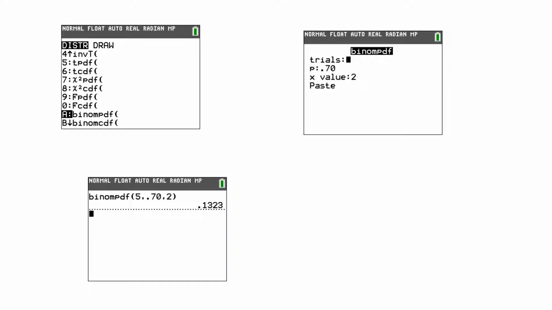Now, if you want to use Google Sheets, go ahead and open up a new Google Sheet. Type equals, since we're using a formula, binomial. You shouldn't have to type the entire word. It should appear and you can select it.